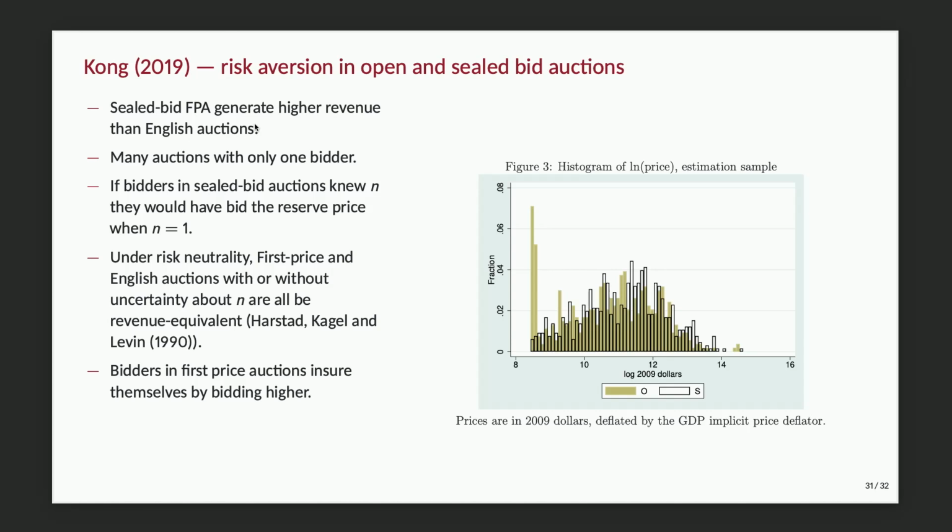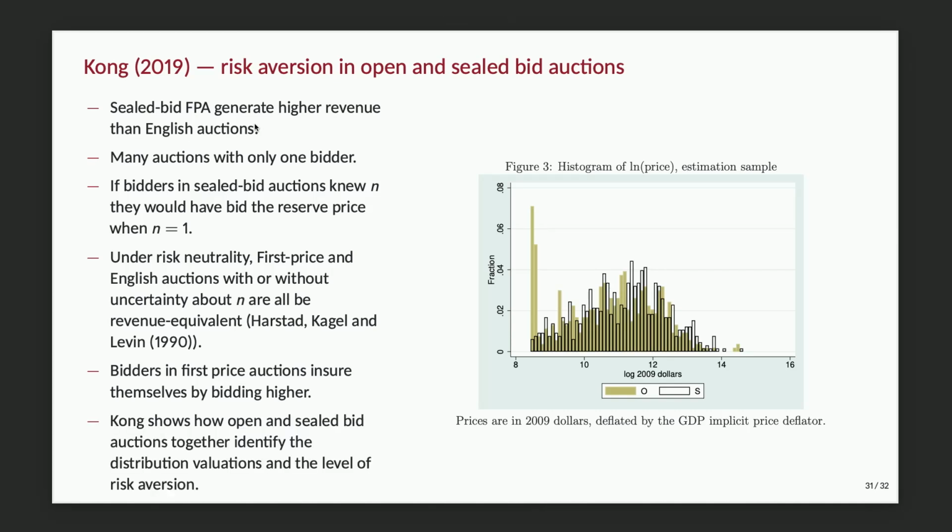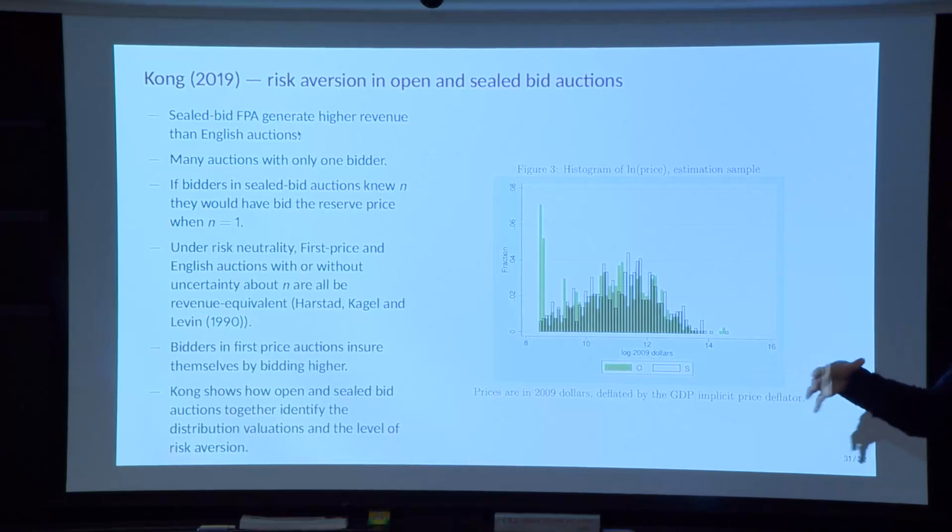So I think there's clever detective work to make the case that even when companies are competing against each other, where we typically assume risk neutrality, at least in this setting where many of the companies are small, risk aversion plays a big role, and leads to higher revenue for the seller in sealed bid auctions.